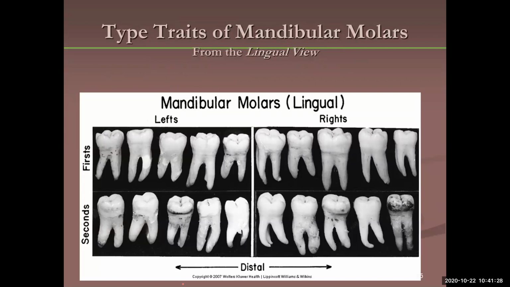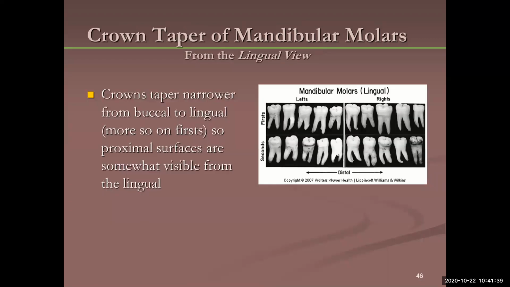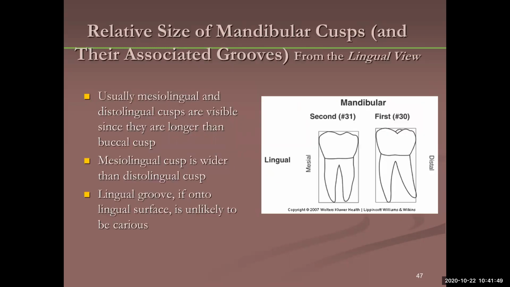From the lingual view, first versus second. The crowns taper narrower from the buccal to the lingual. Usually the mesiolingual and distal lingual cusps are visible since they're longer than the buccal cusps.